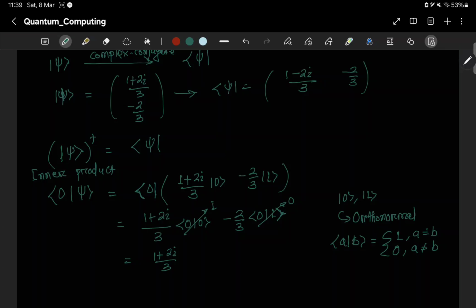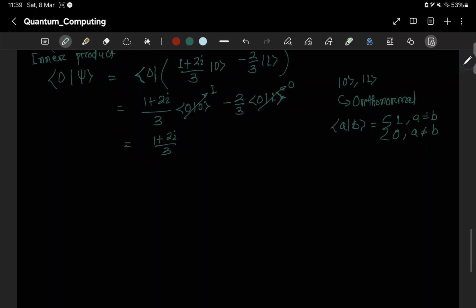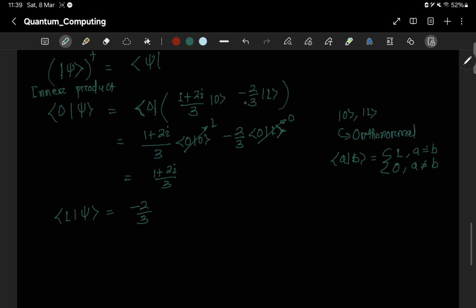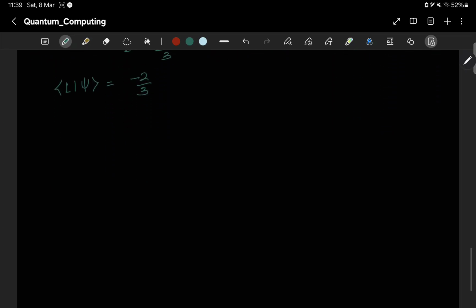Okay, so this is a way to get the coefficient using an inner product. Similarly, if we do <1|psi>, we'll get minus 2/3, right? Because this part will become 0 and this part will become 1. Okay, fair enough.